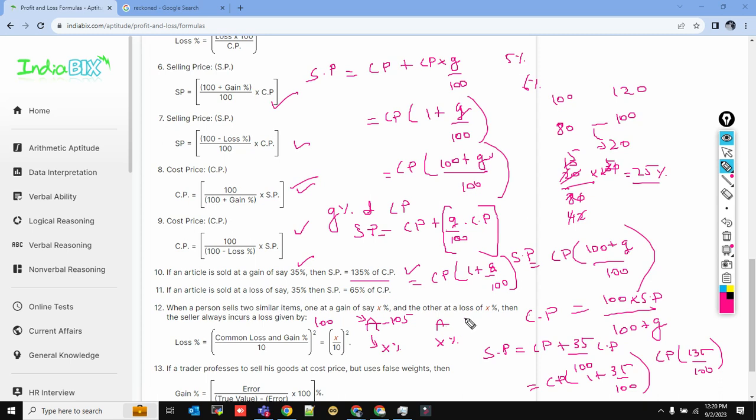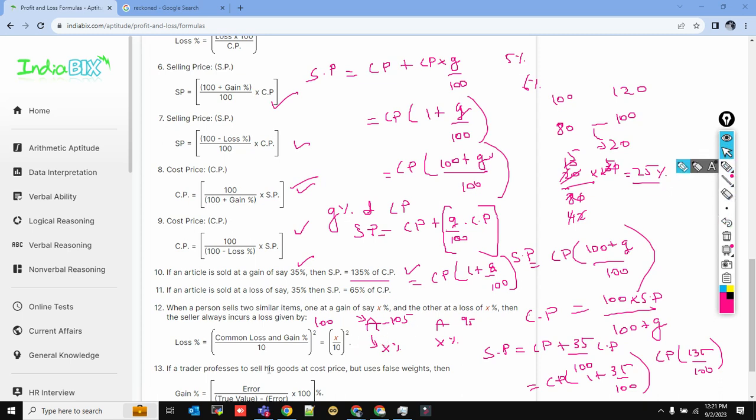Other time he sold it at a loss of 5%, at 95. Then the seller will always incur a loss. That loss will be common gain or loss percentage X by 100, whole square. Okay, that is this. You better remember it.